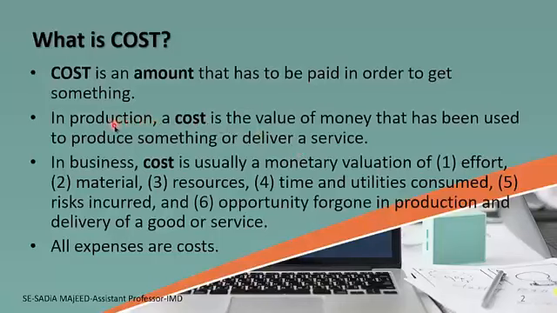When we are producing something, we need to buy some material, we need to hire labor, we need to buy equipments, we need to buy machineries. The amount we spend on all these buying is known as cost.